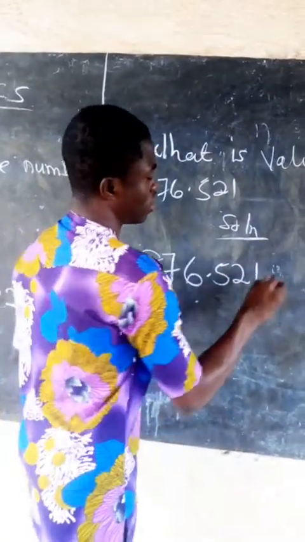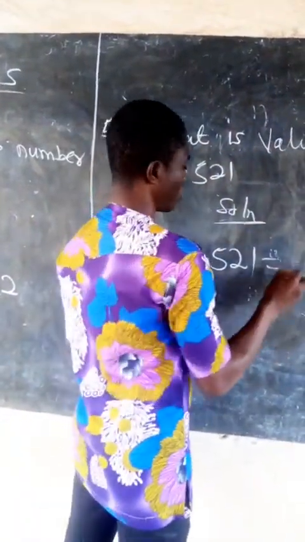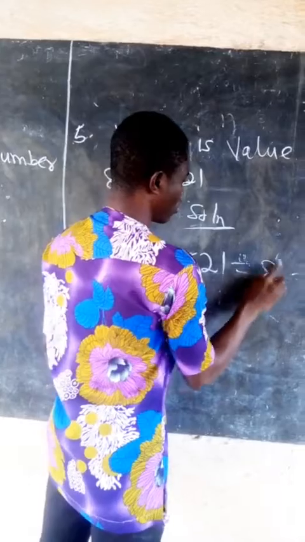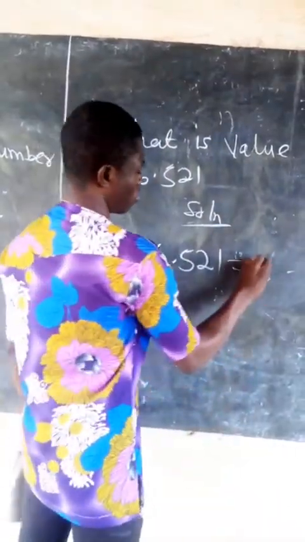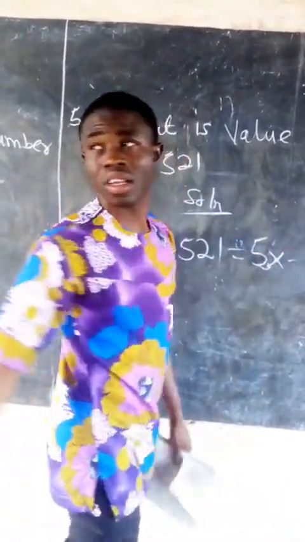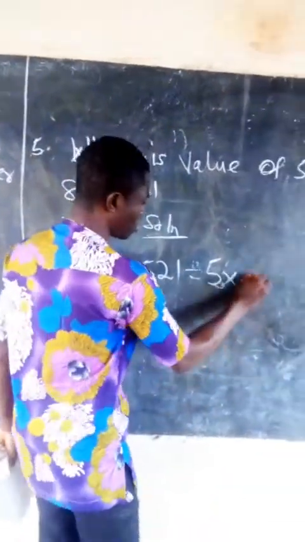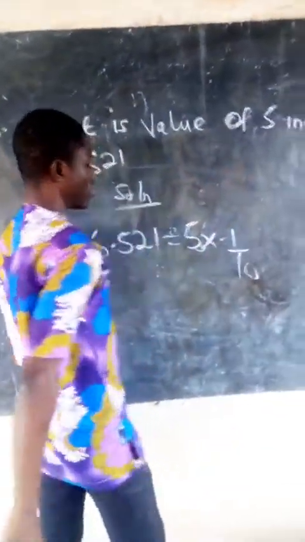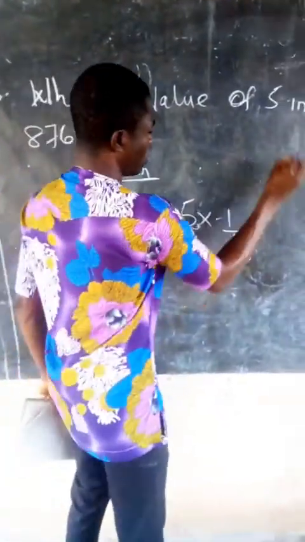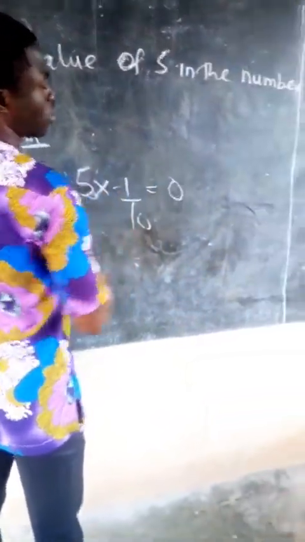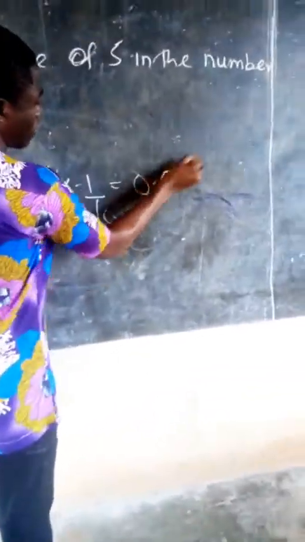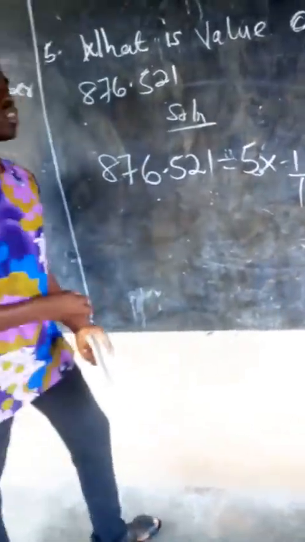So in 876.521, we have 5 times 1 over 10, and you get 0.5. So our final answer is 0.5.